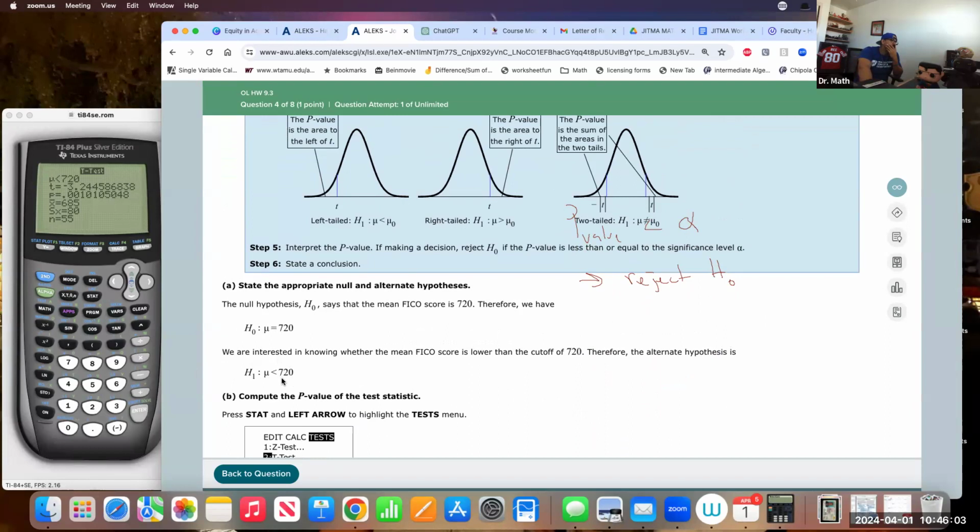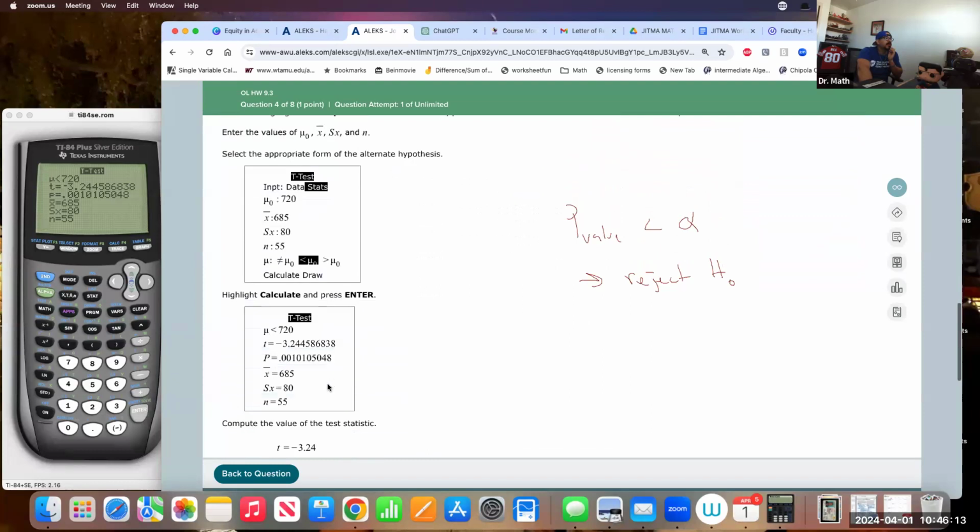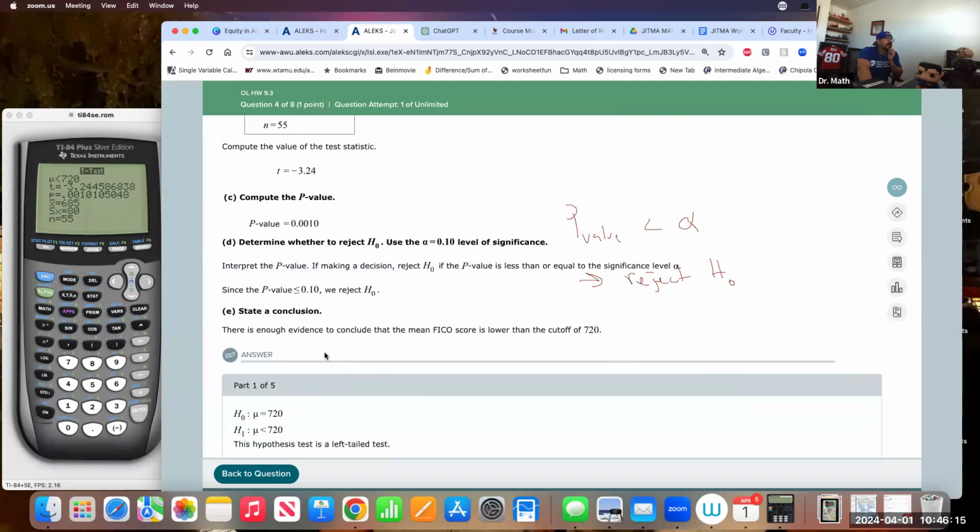We have enough evidence to get rid of this, and we conclude this. There's enough evidence to conclude that the mean FICO score is lower than 720.